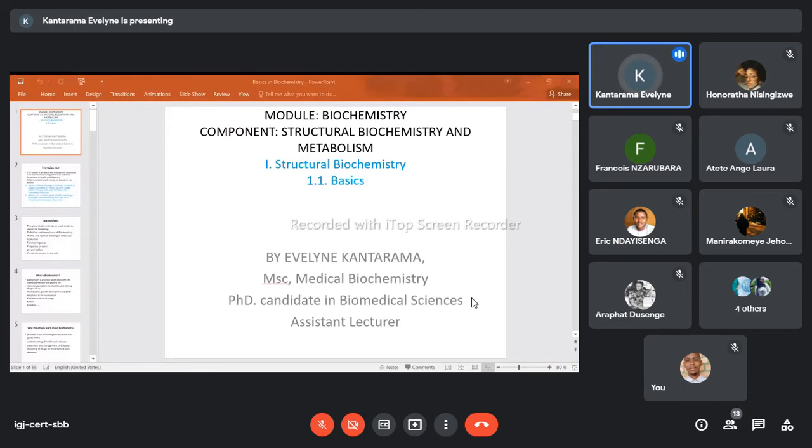Biochemistry provides basic knowledge that serves as a guide in the understanding of health and disease. It helps in the treatment and management of diseases. It also helps in designing drugs for treatment of those diseases.